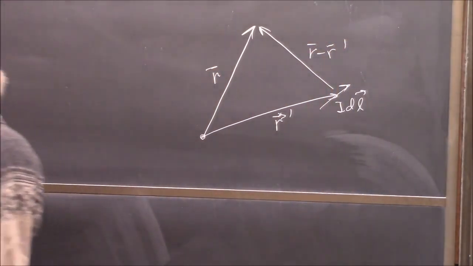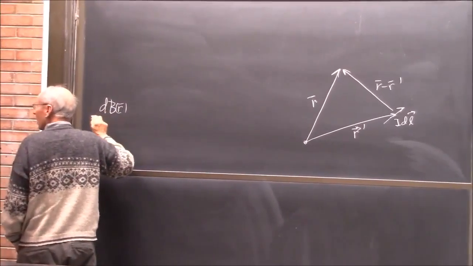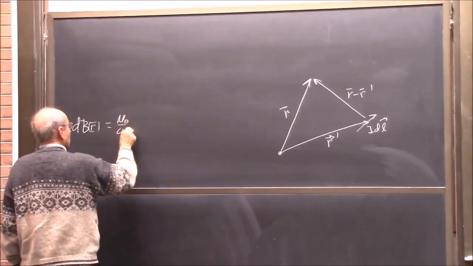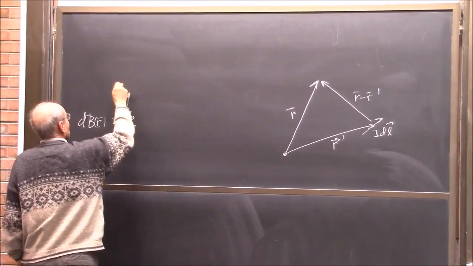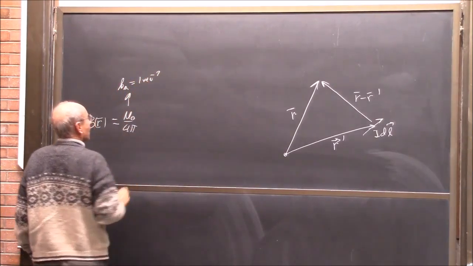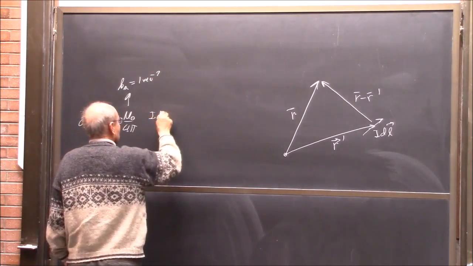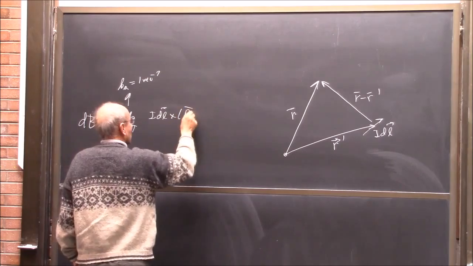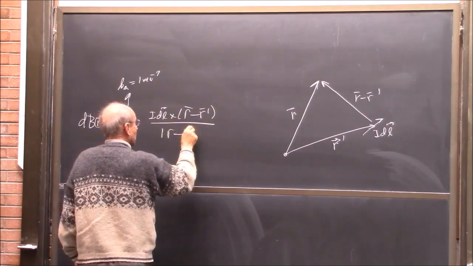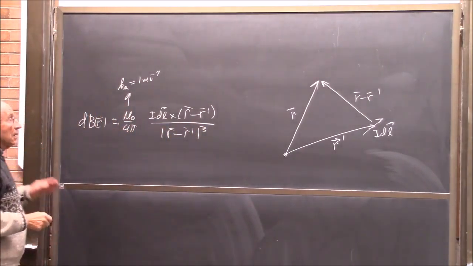And in that case, the magnetic field produced at r by that little current element was mu0 over 4 pi, or equivalently, K magnetic, which is 1 times 10 to the minus 7, times I dl cross r minus r prime divided by the magnitude of r minus r prime cubed.